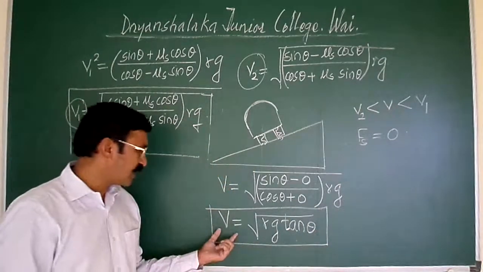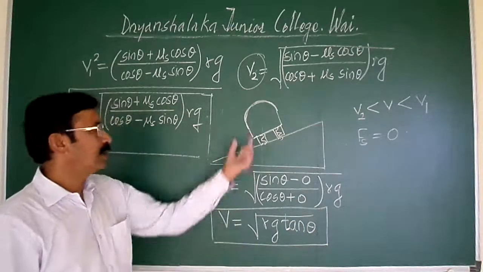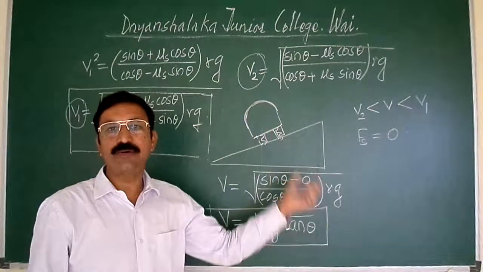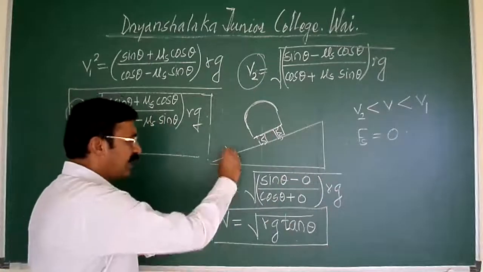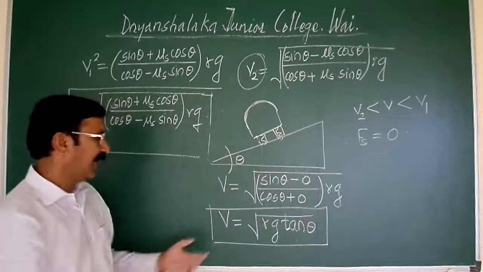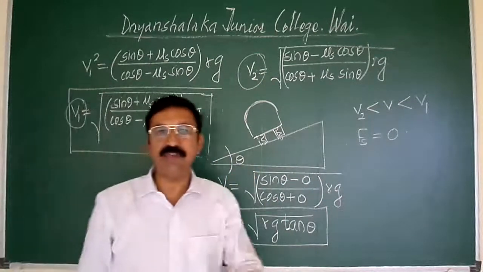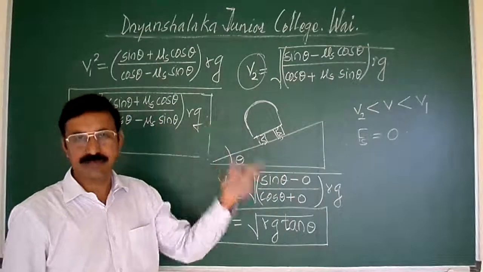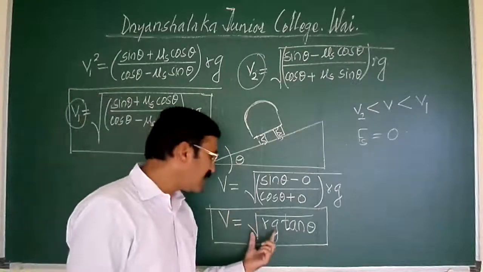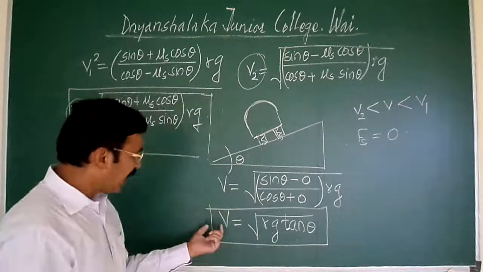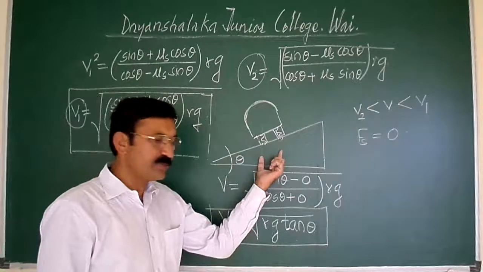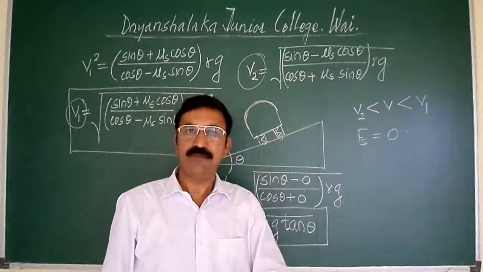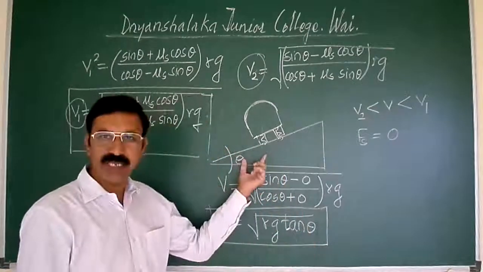So this is the expression for a vehicle moving on a banked curved road where the angle of banking is theta and V is the safe limit of the speed with which the vehicle can take a turn. Now in this expression, once the road has been constructed, the radius of curvature is fixed, it is not going to change.